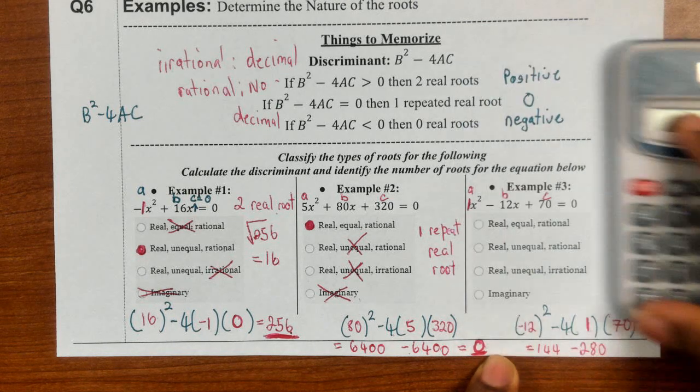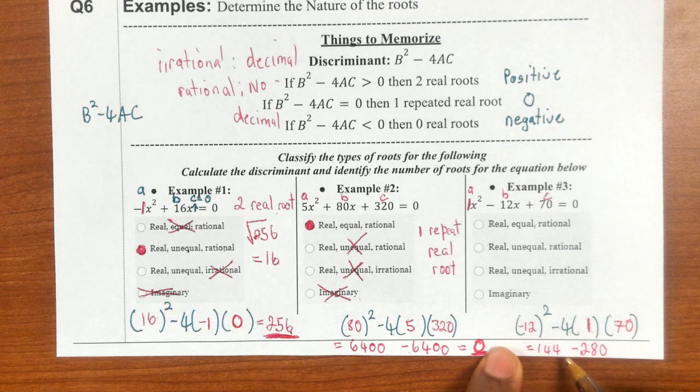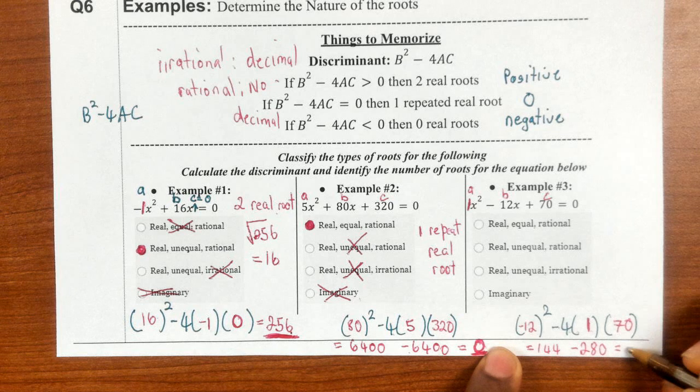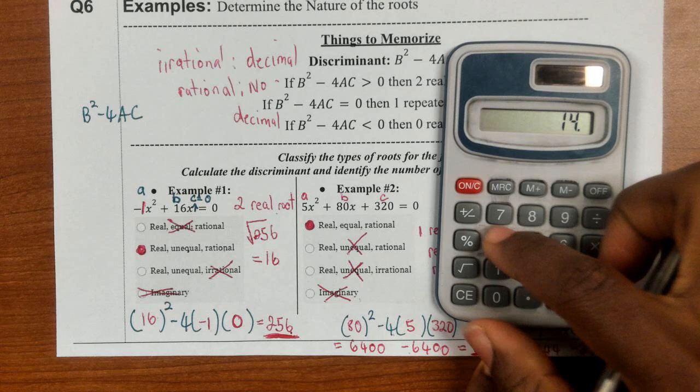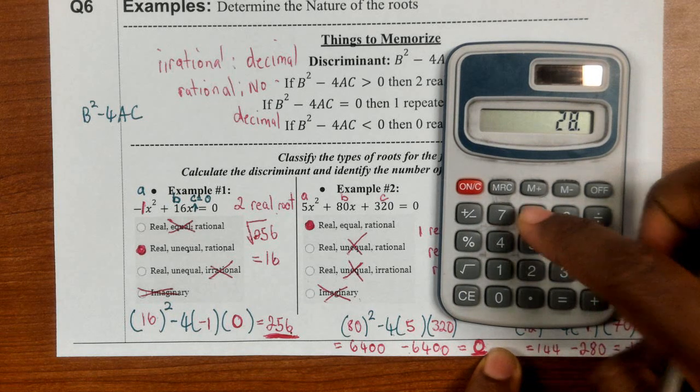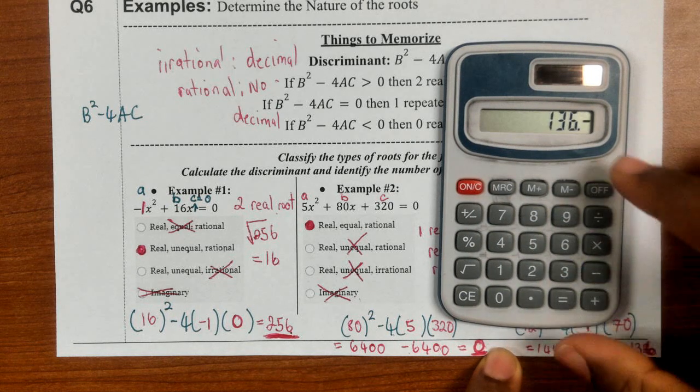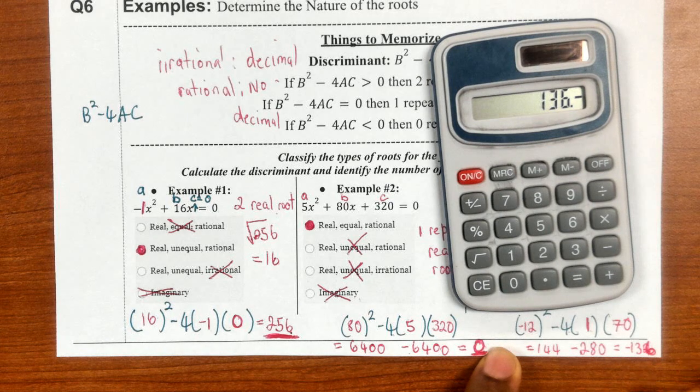Alright? So 144 minus 280 should give me negative 132. Alright? Or, sorry, negative 136. Okay? So again, you can put on your calculator to check. Alright? Negative 136.